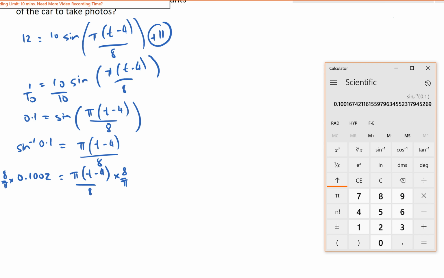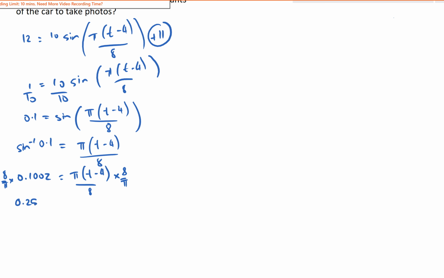So times by 8 divided by pi gives us an answer of 0.2551. So t therefore is 4.2551.